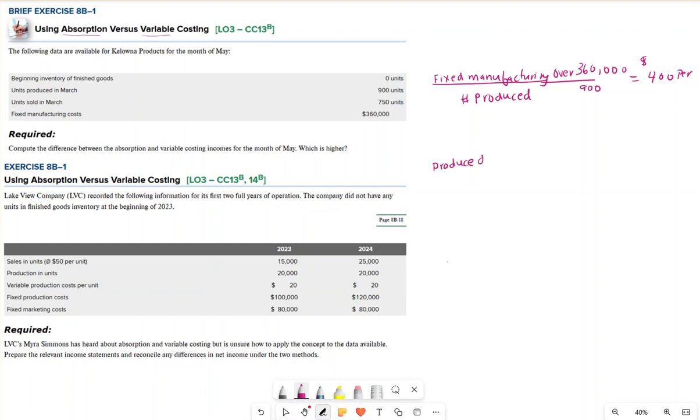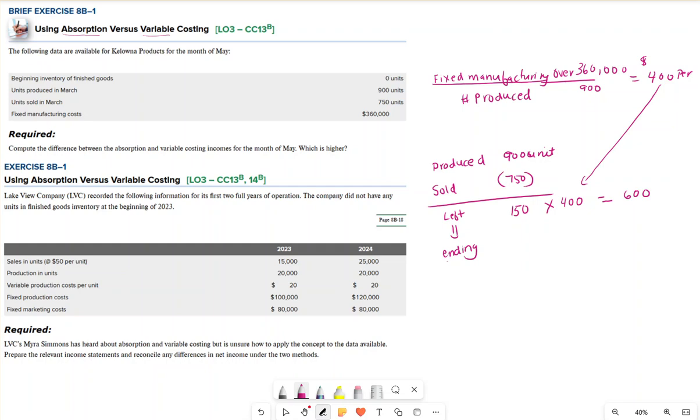In this case, you produced 900 units, and we sold 750 units. What we have left is an ending inventory of 150 units, and the fixed manufacturing cost is $400 per unit.